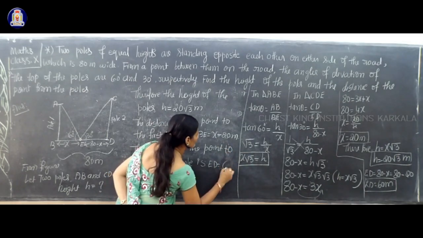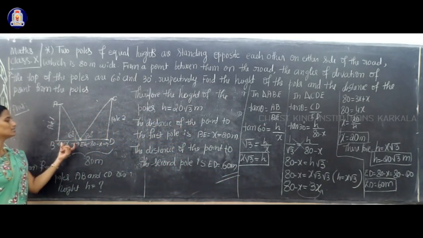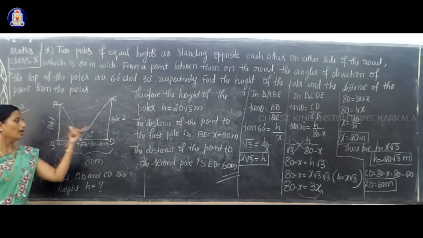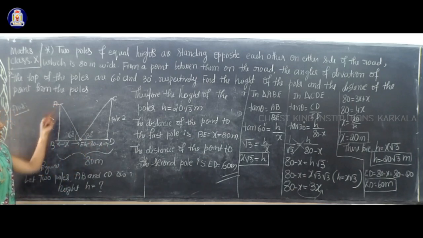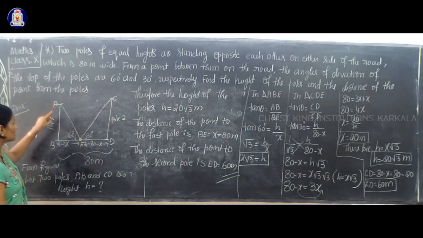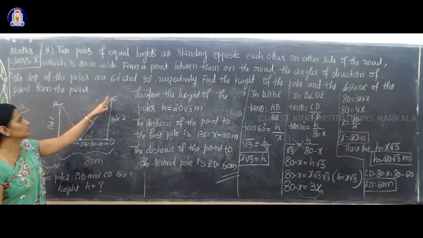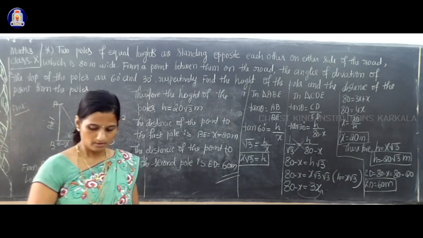So that is equal to 60 meter. So the first pole is at a distance of 20 meter and the second pole is at a distance of 60 meter, and the height of those two are equal to 20√3, because the height of the first pole is equal to the height of the second pole.